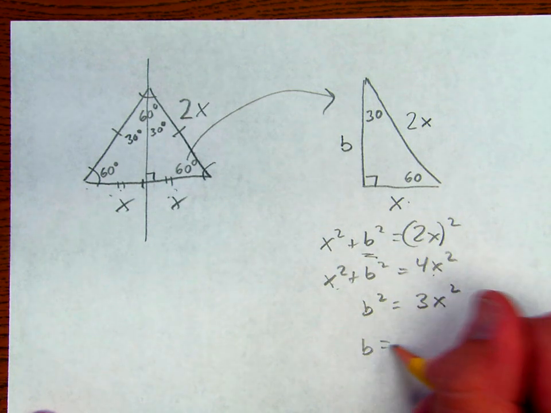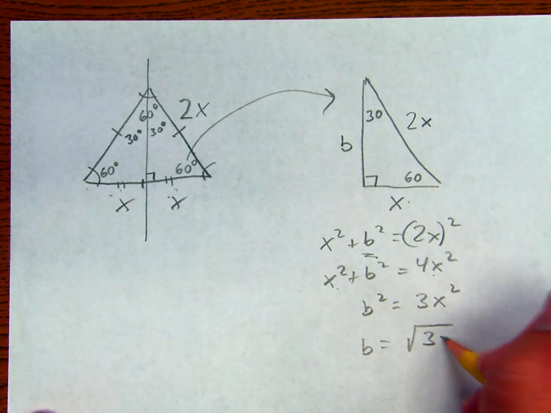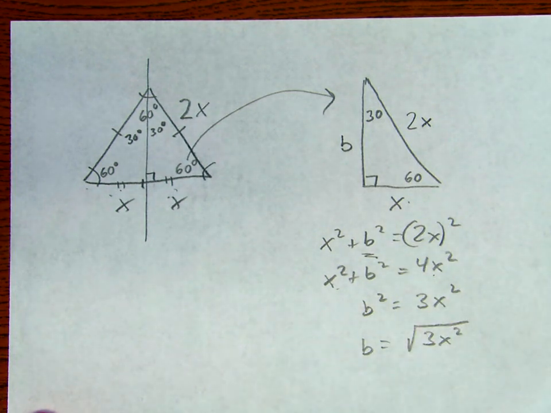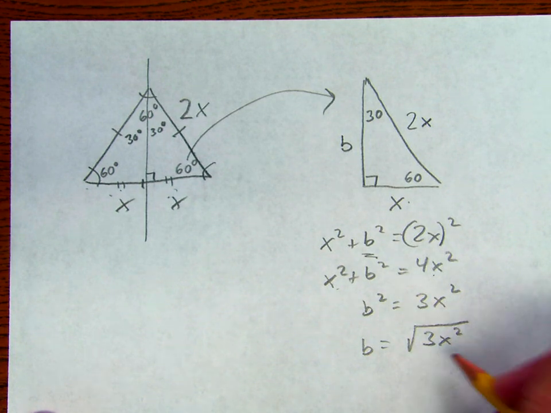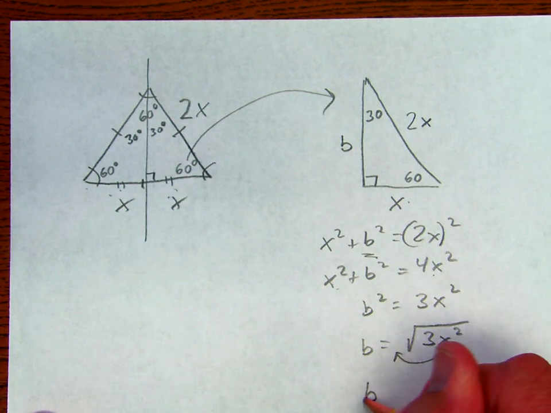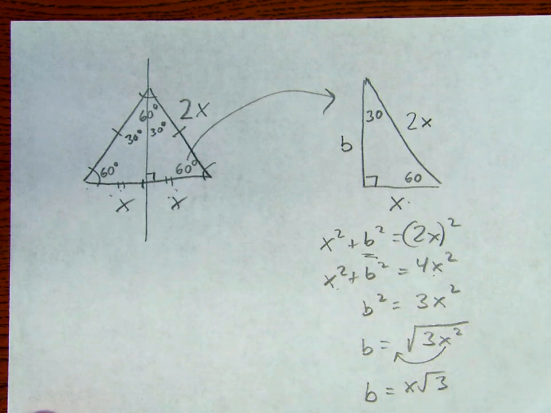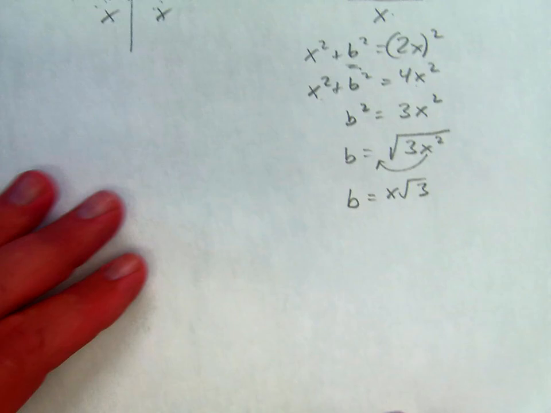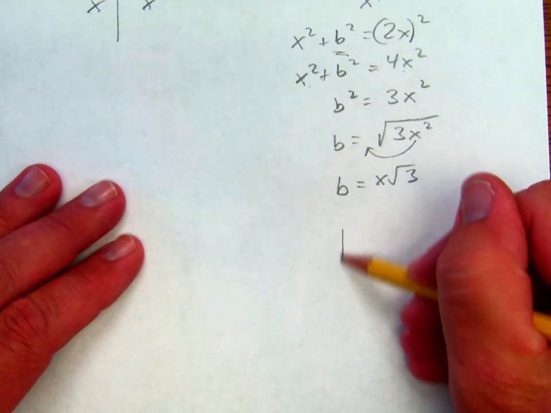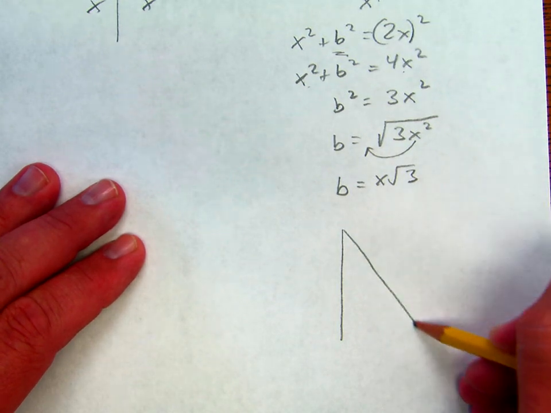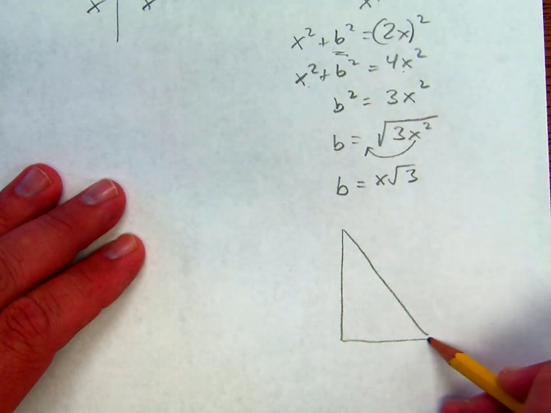Square root both sides. We can discount the negative root because it doesn't make sense in the context of this problem. That can come out, and we get x root 3. So in summary, the relationship between the three sides of a 30, 60, 90 triangle.